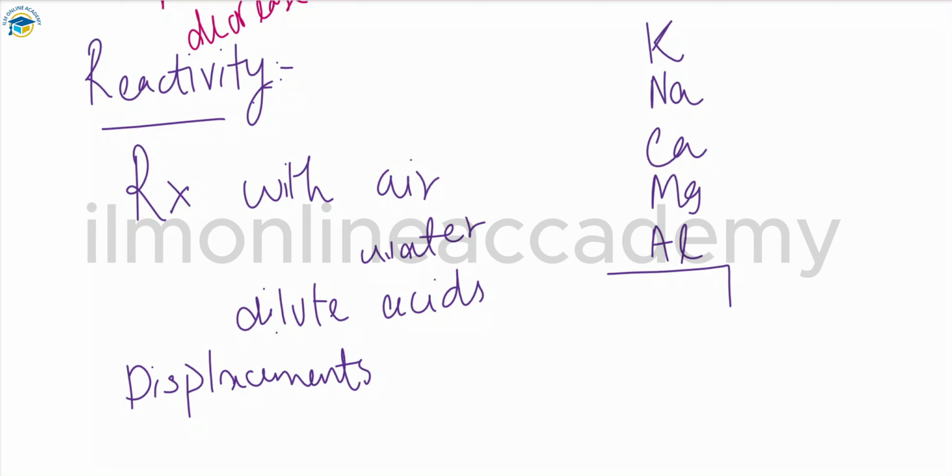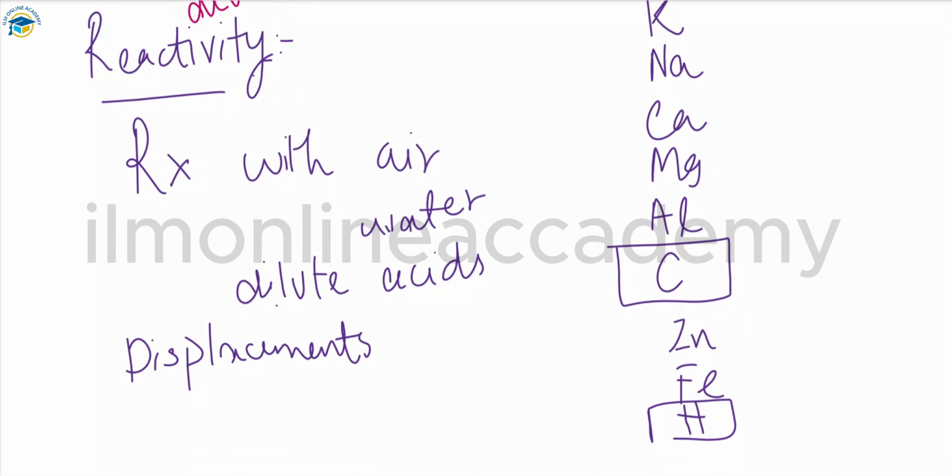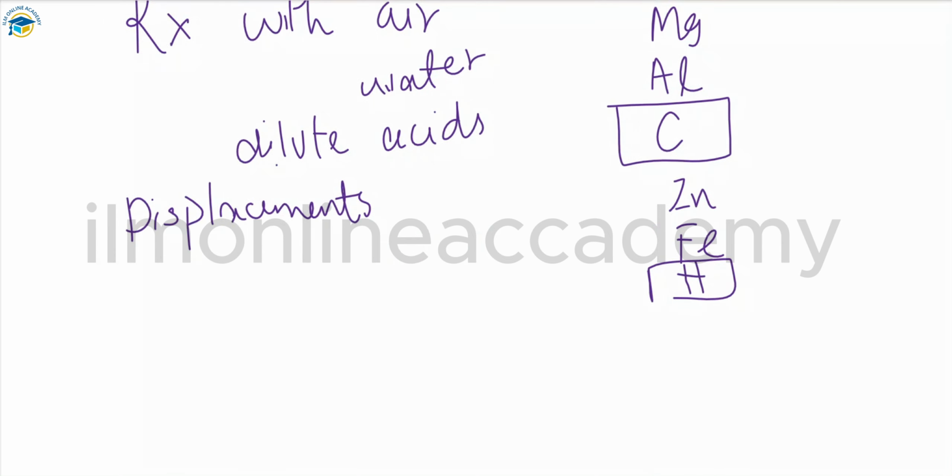You can place carbon here below aluminum, then zinc, iron, and then you can place hydrogen here. Below the hydrogen we have copper, silver, and gold.